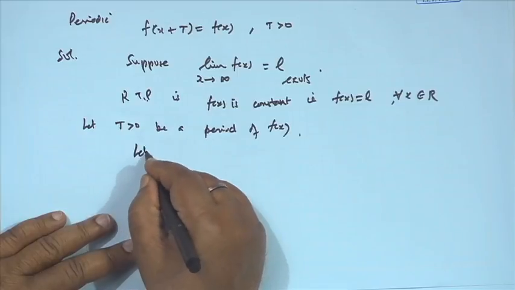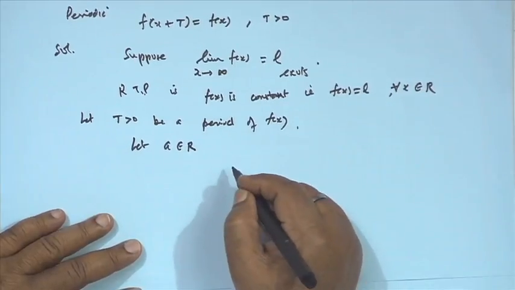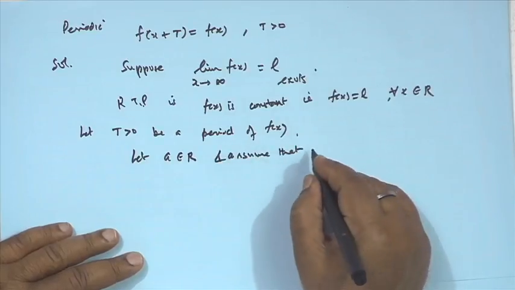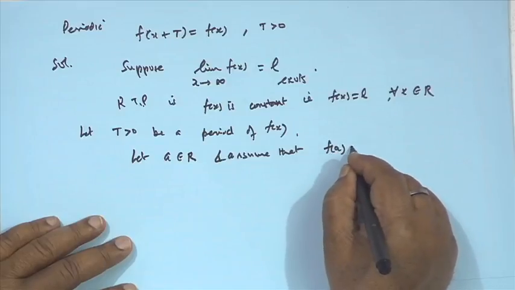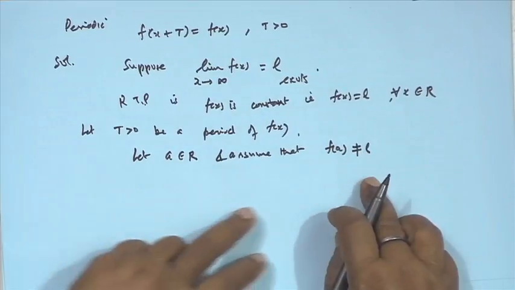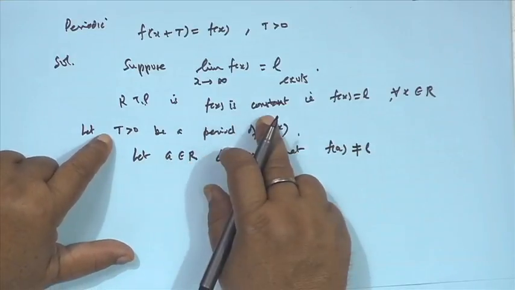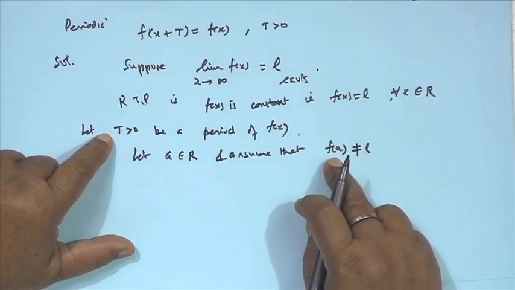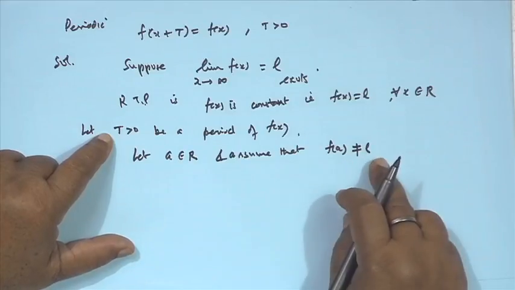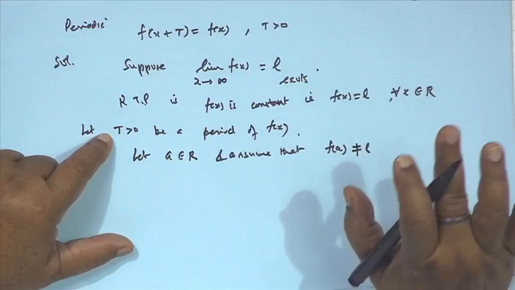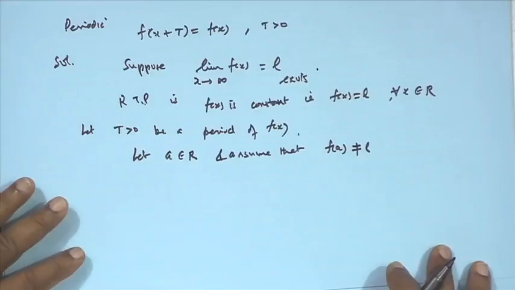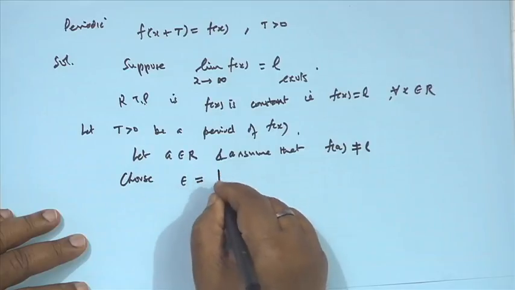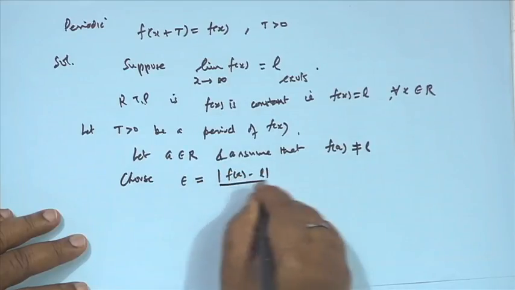Let us take any real number a and assume that the value of the function f(a) is not equal to L. We wanted f(x) to be constant, but here we are saying the value of f is not L, which means the function is not constant, so it will lead to a contradiction. Let us choose epsilon to be |f(a) − L| divided by 2.